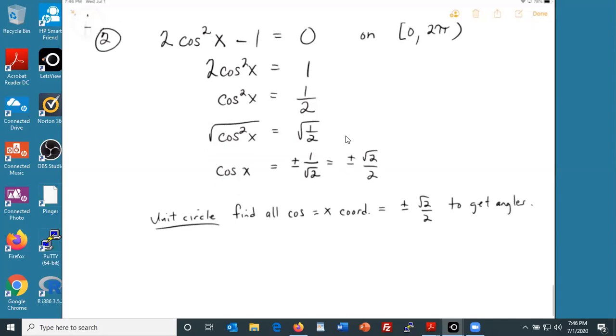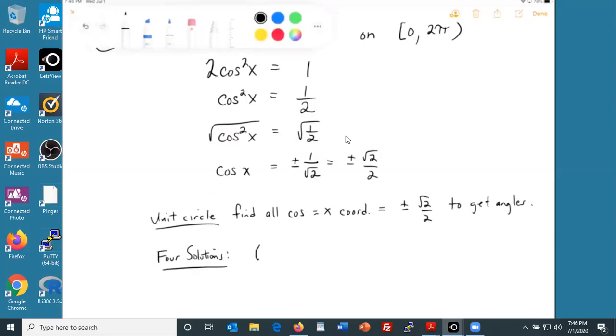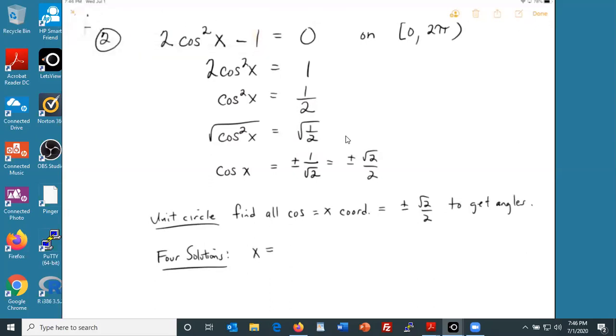So there are, I'll tell you here, there are 4 solutions for the angle. And note here that my angle is x, right? So be careful with that. That's really theta. So x is really theta here.